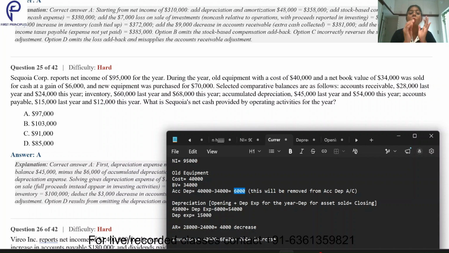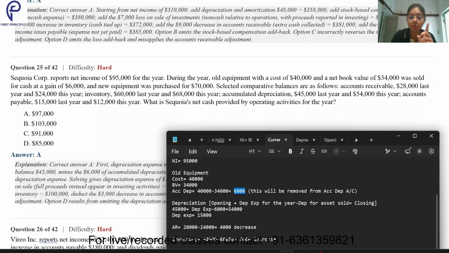Just remember this rule, guys, it is very important: whenever we are selling off any equipment, whatever accumulated depreciation is present on that particular equipment is removed from my accumulated depreciation account, in order to ensure that only the depreciation related to the assets which are there in the business remains. So whenever an asset is sold, the accumulated depreciation charged till the date it is sold is removed from the accumulated depreciation account.